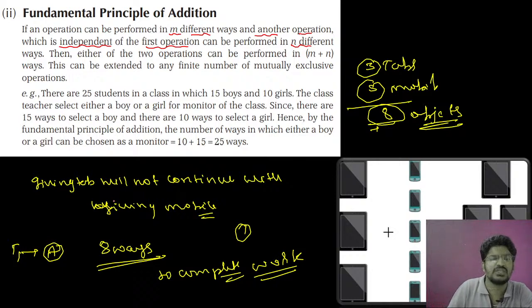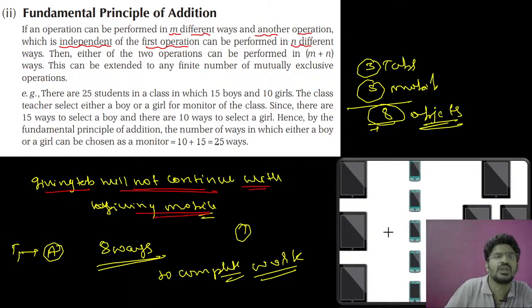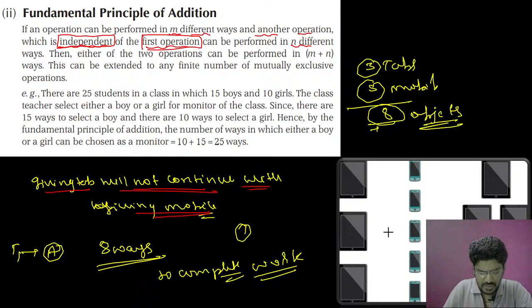So that is what we say. Giving tab will not continue with giving mobile. That is what your independency of the first operation. Are you getting my point?